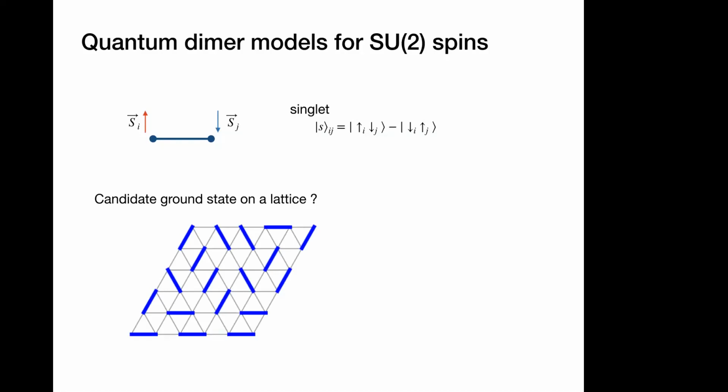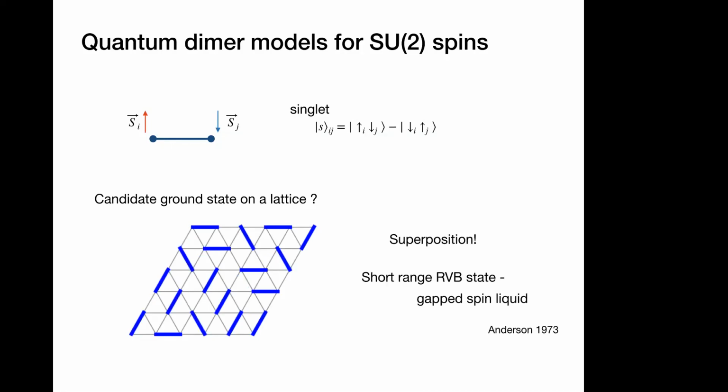Of course, there are lots of different coverings of the lattice, like this or like this. So you could say that perhaps the actual ground state is a superposition of all of these states, which, as we know, is the state proposed by Anderson as the candidate ground state for the system. This is the RVB state, which is a gapped spin liquid.